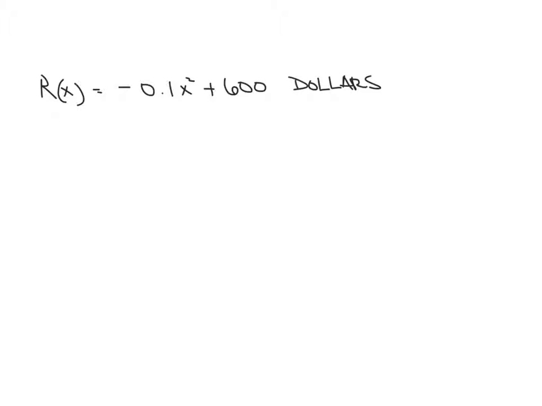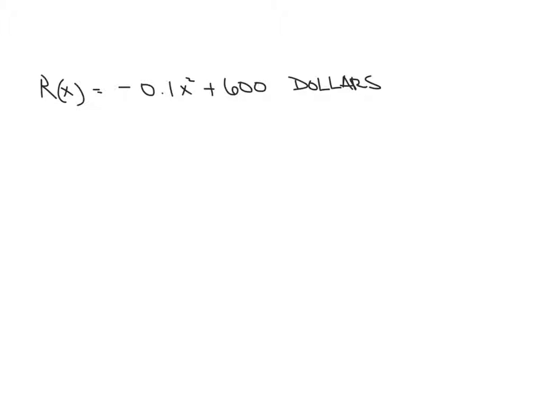Part A says find the vertex and the axis of symmetry of the graph. B, determine if the vertex represents a max or a min point, and that will be determined on whether or not it opens up or down, and we can get that from that negative sign right there. C, interpret the vertex in the context of the application, which means given the vertex and the story problem, what does that vertex mean?